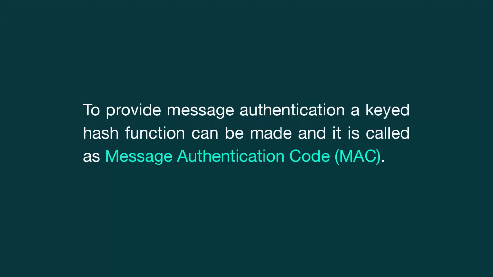Such proof cannot be made by mere use of hash functions. To provide message authentication, a keyed hash function can be made, and it is called a message authentication code (MAC). This method makes use of a symmetric key between sender and receiver.